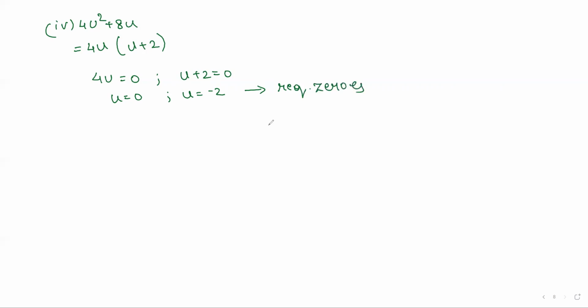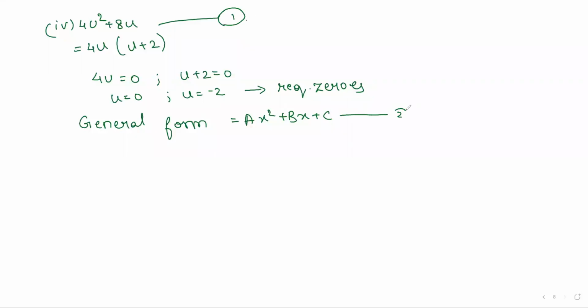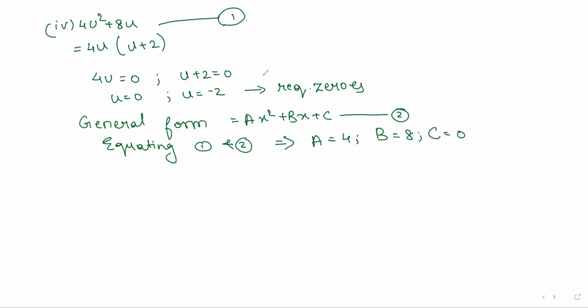For relationship, you need the values of a, b, and c. So we know that the general form of the polynomial is ax squared plus bx plus c. So equating the given value with this particular expression, we get A is equal to 4, B is equal to 8, and C is equal to 0.